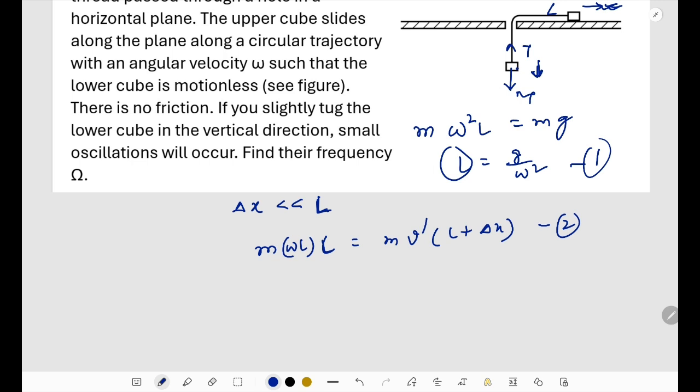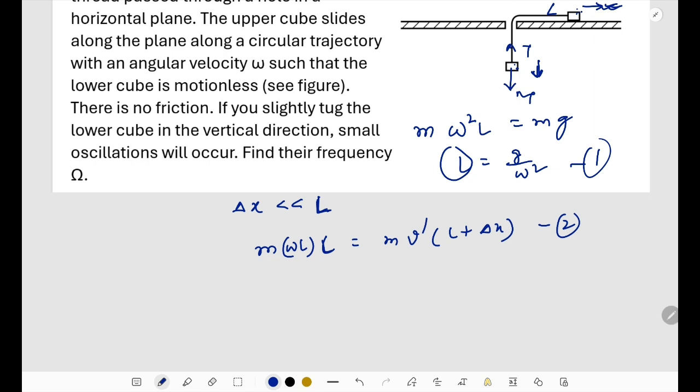And what about the total mechanical energy of both the cubes, because it remains conserved? I have observed this, so I would like to write the total mechanical energy at this moment. The lower block has reached its extreme position, delta x from the equilibrium position, and it is motionless.